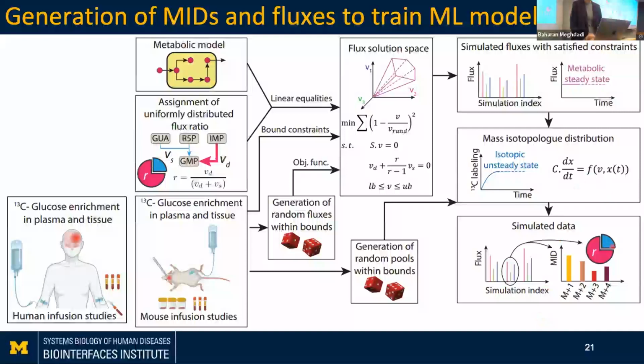And so at the end, we have the MIDs and the ratio of de novo GMP synthesis to the overall synthesis, and these are the values that we use in our machine learning model. The MIDs would be the input data, and the ratio is the output of the machine learning.